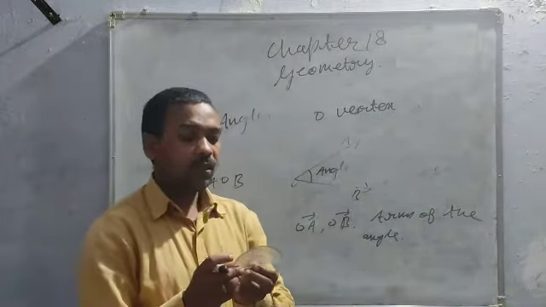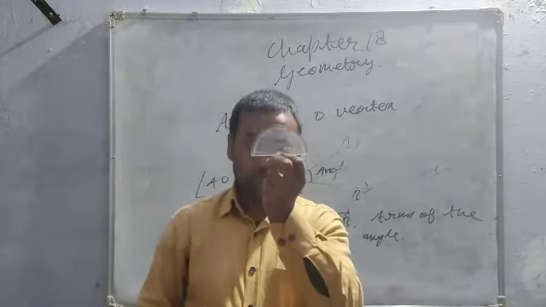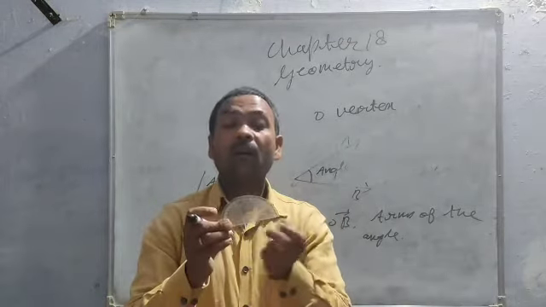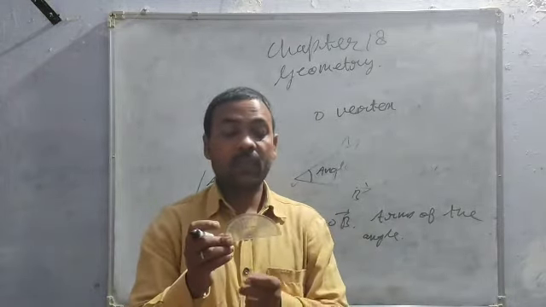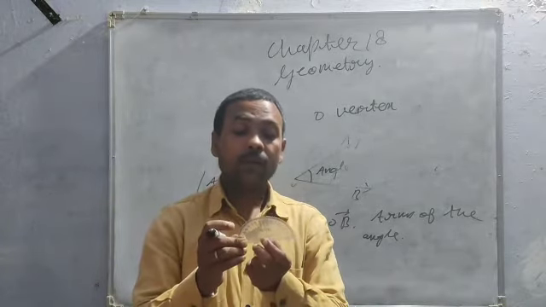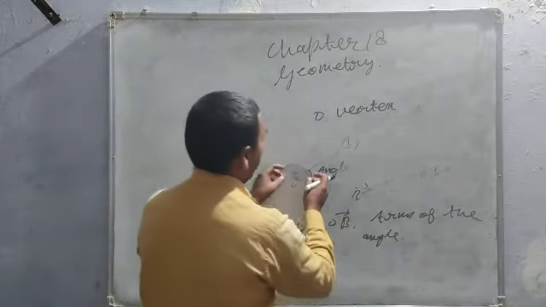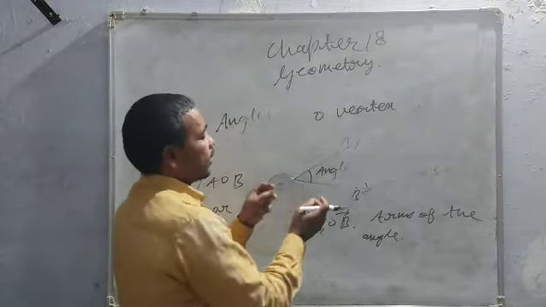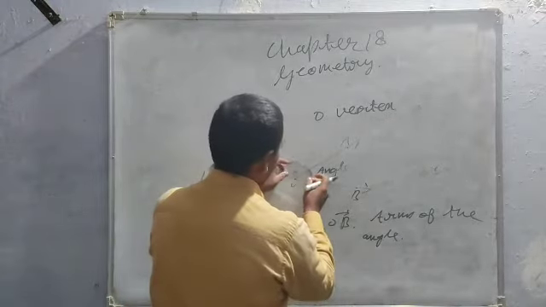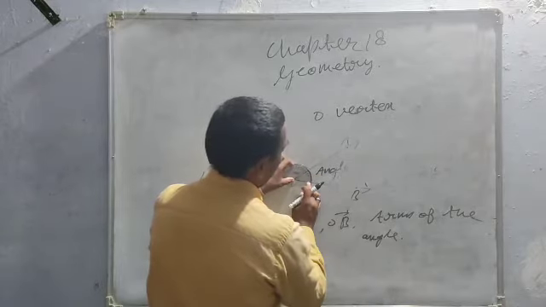Your vertex should coincide with the protractor point, where the horizontal and vertical lines meet at a point. And the protractor line should coincide with one of the arms. So now this point should coincide here, and this line should coincide with this arm.